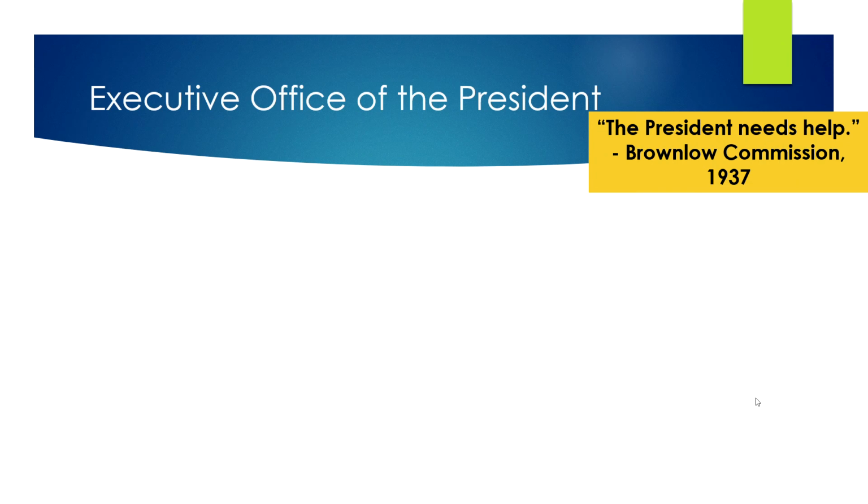And the Brownlow Commission was asked to look into ways that the president could better execute or carry out their job. And the first words that we see there in quotes of the report that the Brownlow Commission issued, is that the president needs help. Which makes sense, especially given what Roosevelt himself was trying to accomplish through the New Deal and then very, very soon after this commission with World War II.